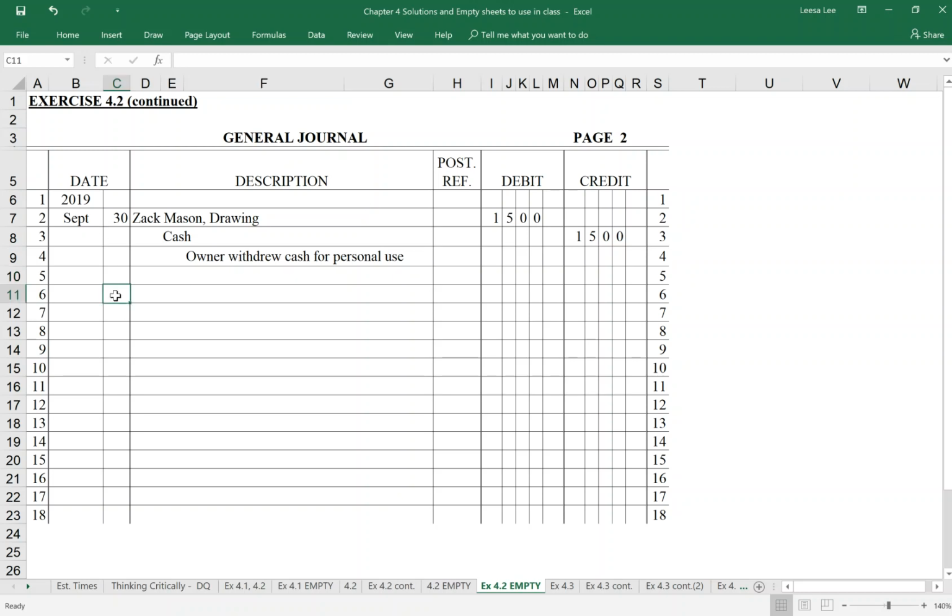Just a little lecture. Okay, next, on the 30th also, issued check 1004 for $3,500 to pay rent for October. So that would be rent expense. And it is $3,500.